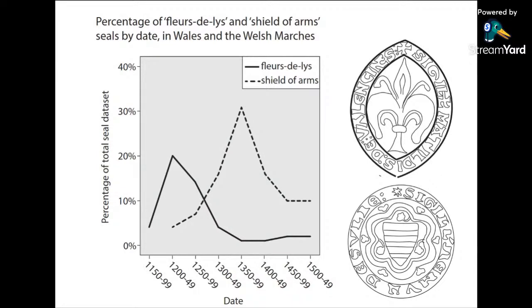The solid line represents seals with the kind of fleur-de-lis or stylized lily motif on them, and the dotted line represents seals with those shields of arms on them. And you can see that the relative popularity of these seals, or how common they are in our data sets, changes over time. We go from, in the early years, lots of stylized lilies or fleur-de-lis, they drift off, and they are replaced perhaps by these shields of arms.